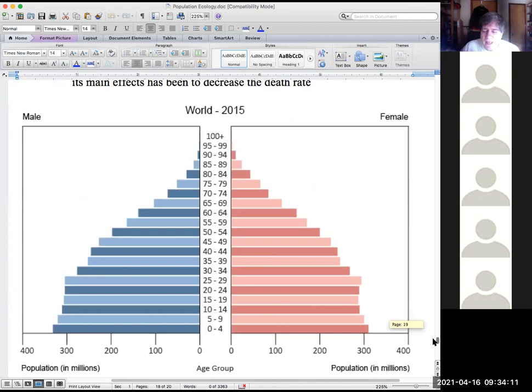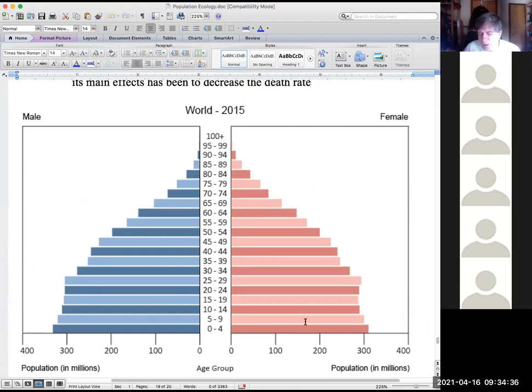So let's look at another reason why scientists are worried about the population explosion. This is an age pyramid for the world population as of 2015. Boys are in blue, girls are in red or pink. And look at the overall shape of this age pyramid.